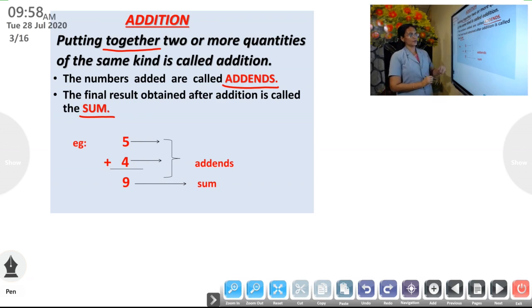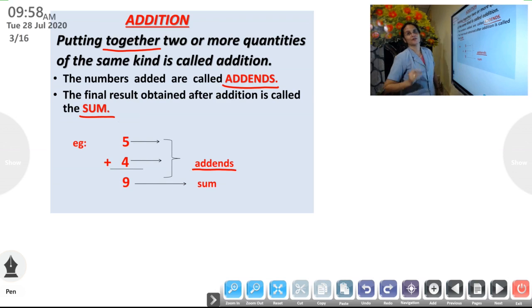You look at this example. I have written one example here. 5 plus 4. You know what is 5 plus 4? It is 9. You studied this in standard 1 itself. Here which are the numbers that are added? 5 and 4 are the numbers that are added. So 5 and 4 are called what?